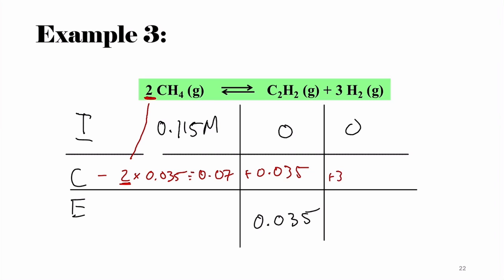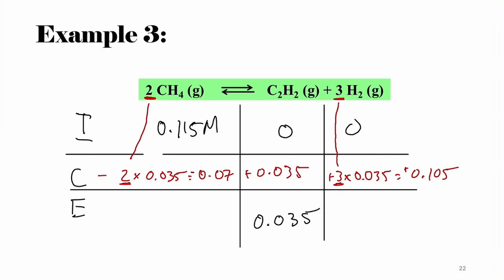Hydrogen gas, 3 times 0.035. So that gives us 3 times 0.035, 0.105. It's positive, right? And the 3, again, comes from the stoichiometric coefficient.